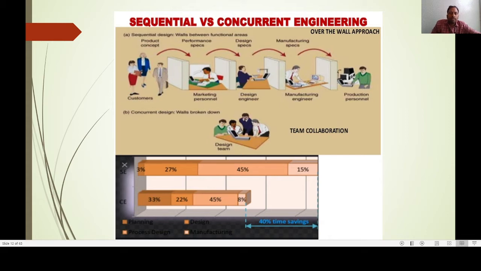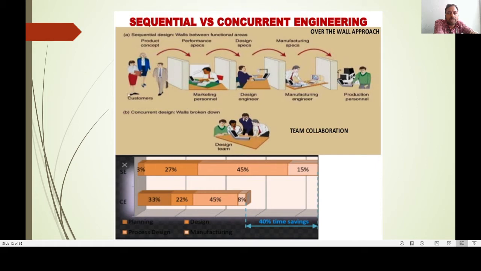In this diagram, we can easily understand what sequential engineering and concurrent engineering are. In sequential engineering, there are separate teams for product concept, performance checking, design checking and manufacturing checking. There is a separate team that will analyze the product.